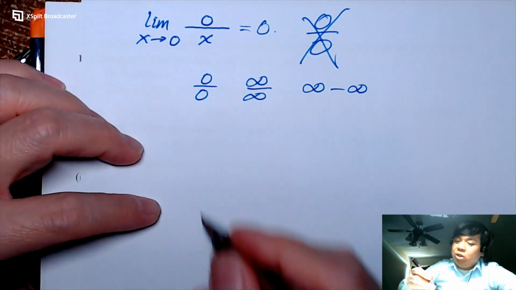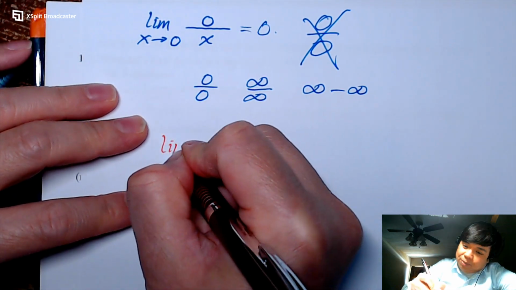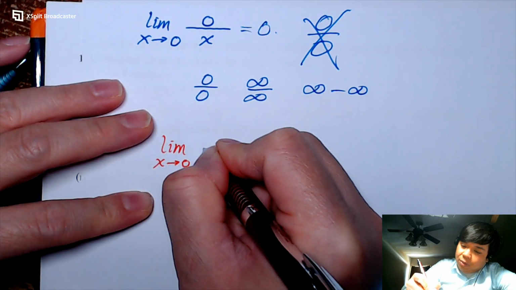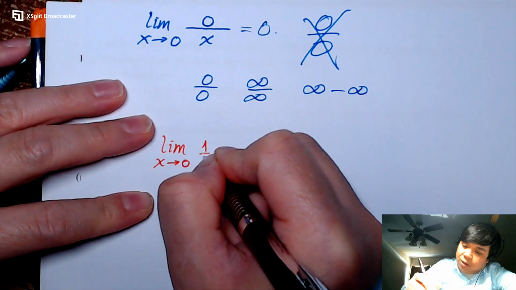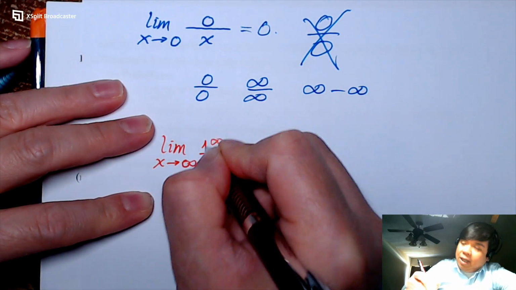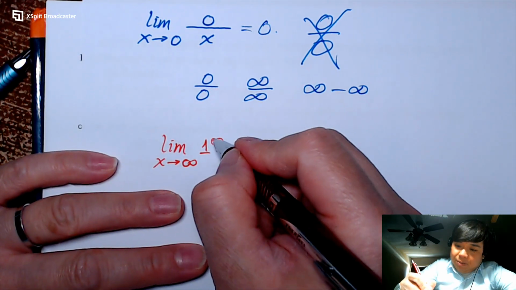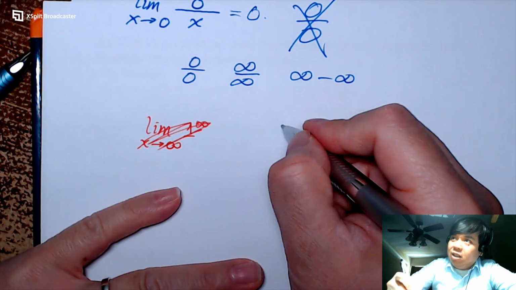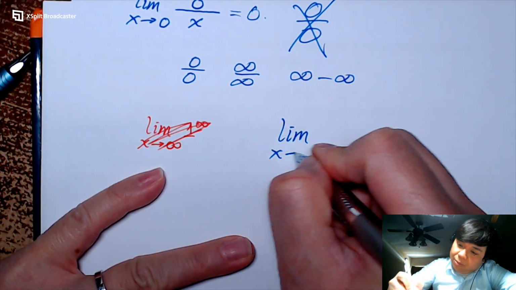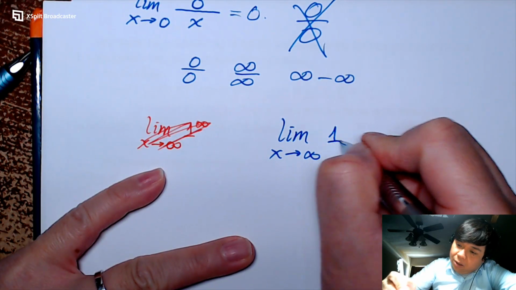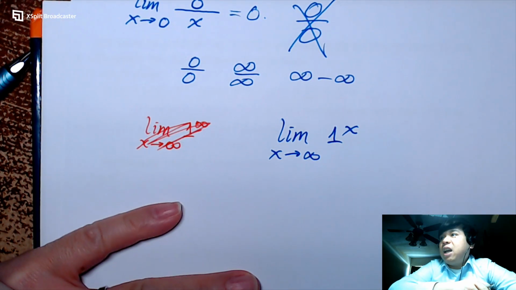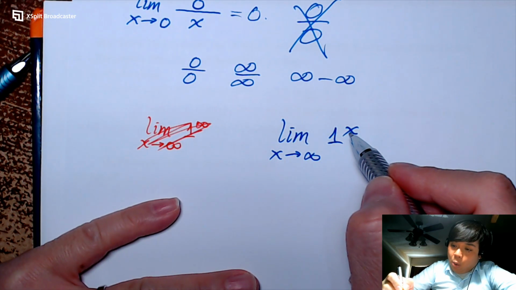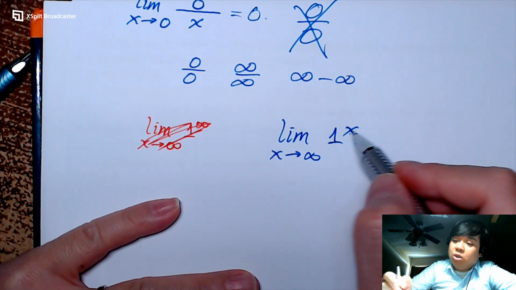Now, I just want to say the difference of those two. That is not indeterminate because this is identically 1 raised to the x power, raised to infinity.